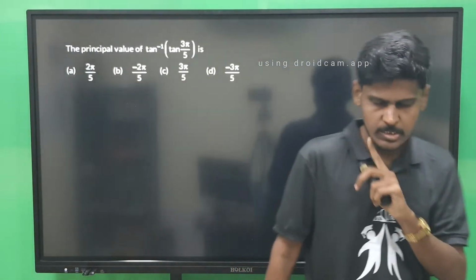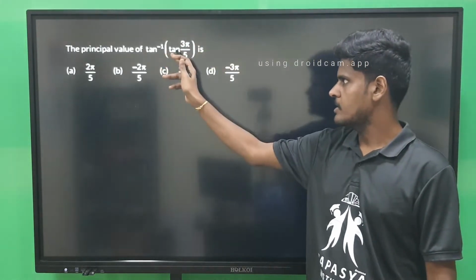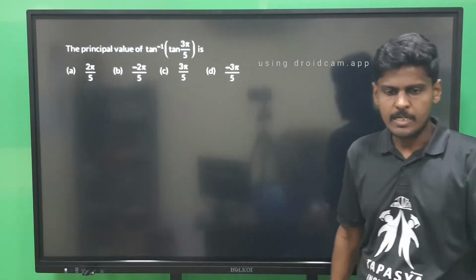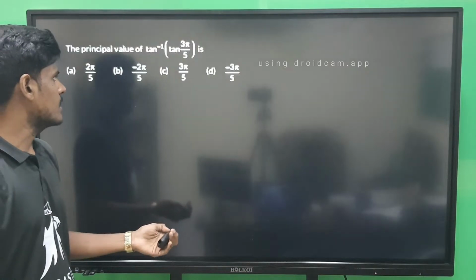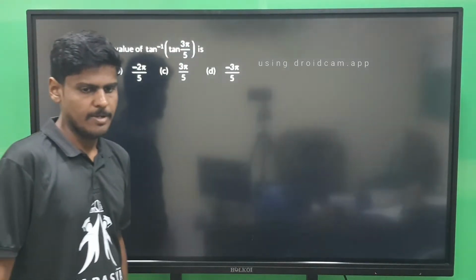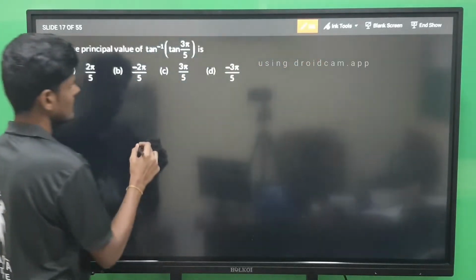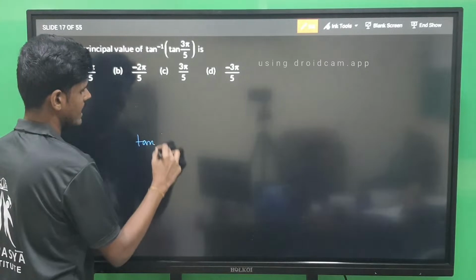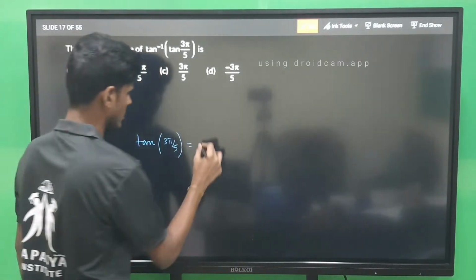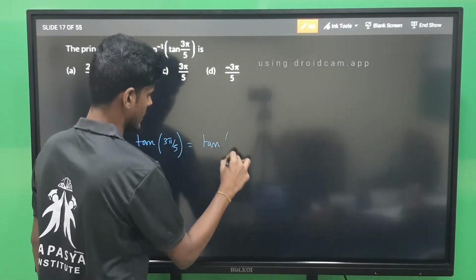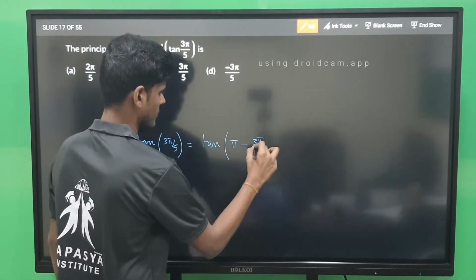Now how to do that, students? We can take tan inverse of tan of 180 minus theta. What is tan 180 minus theta? Minus tan theta, pi minus 3 pi by 5. We can write it like this. Tan of 3 pi by 5 is equal to tan of pi minus 3 pi by 5.